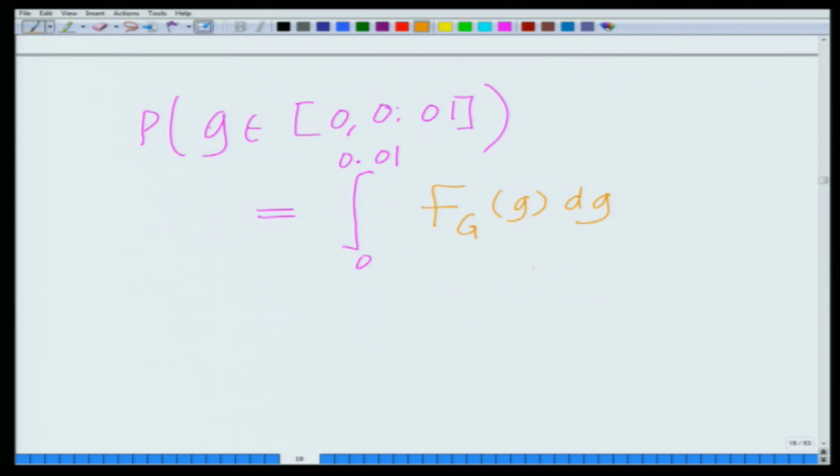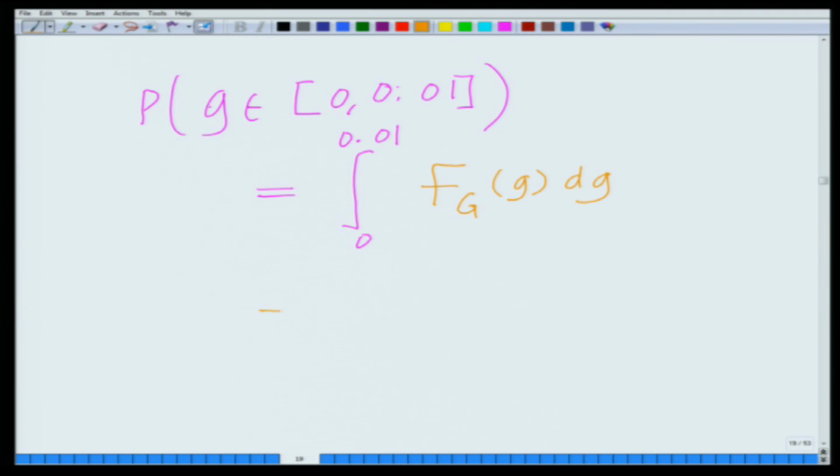We already know that this probability density function f of g is distributed as the exponential random variable with parameter 1.